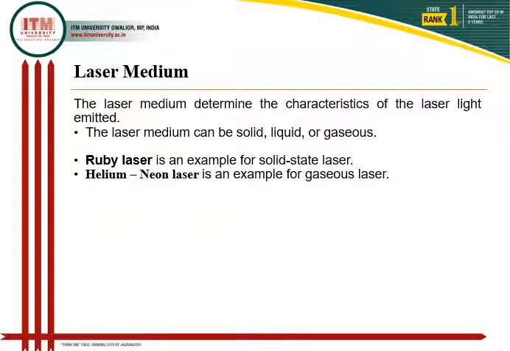In this laser, a xenon discharge tube which provides flashlight acts as the pump source. However, as we discussed, gas lasers are also there. Helium neon laser or CO2 laser, these are gas lasers. Helium neon is also called an atomic laser, whereas CO2 is called a molecular laser, in which we use a discharge tube to pump.